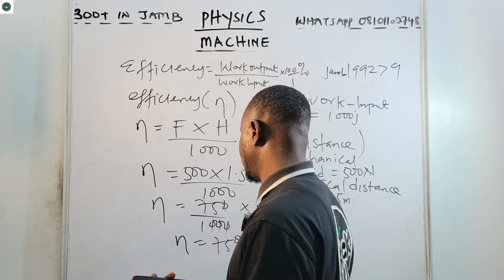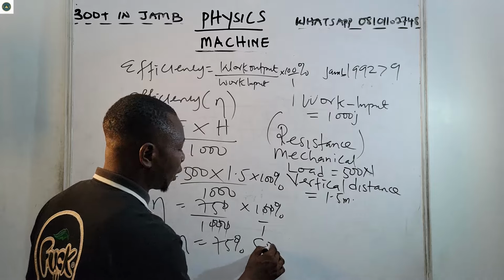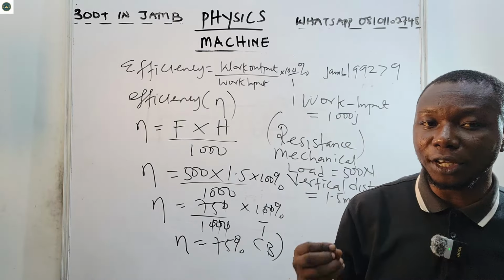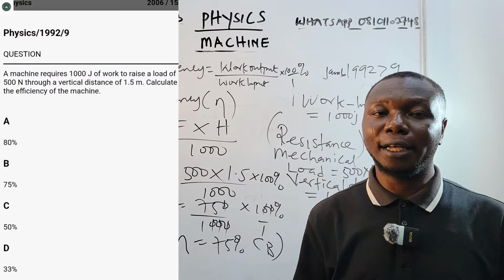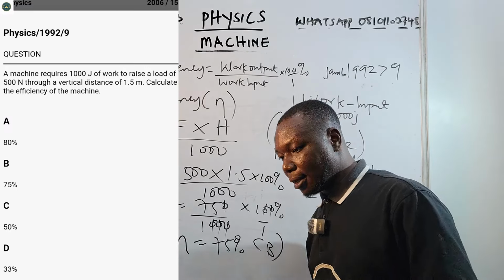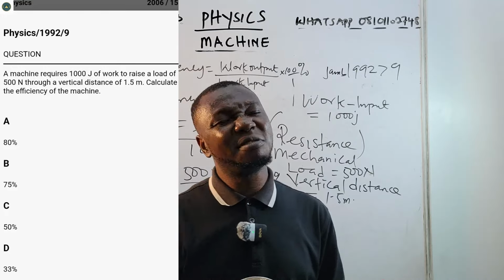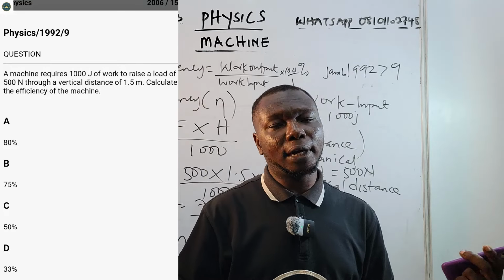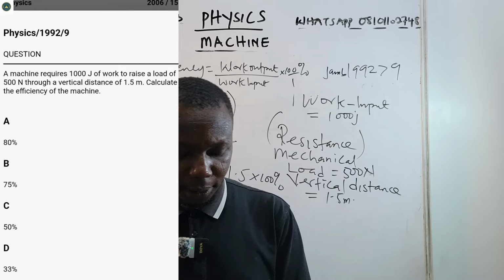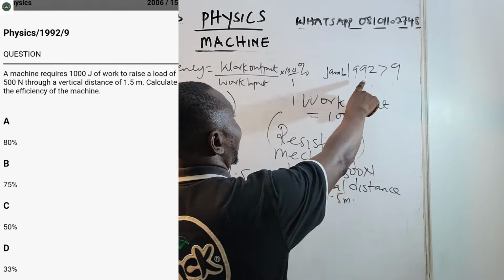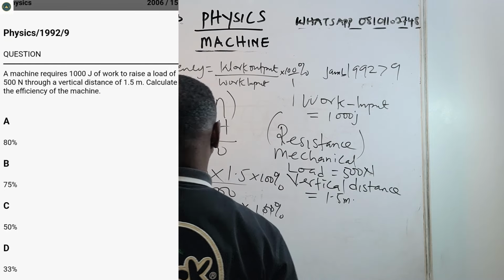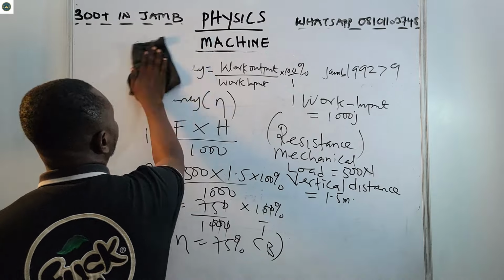So the correct answer there is B. 75% of the input energy is being used for work, while 25% undergoes loss, either frictional losses or losses in the form of heat. So that is JAMB 1992. Okay. All right. Let's see another question.